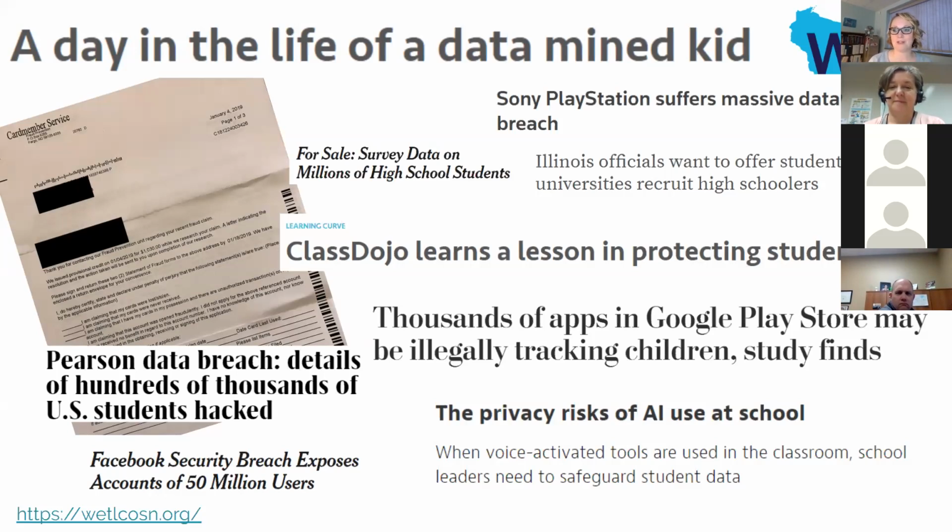Many of you have probably been impacted by one or several of these that have been brought to light. So if you're on the slides, you can click on any one of these headlines and it'll take you to the story behind that. The most recent one that we just added was the Pearson data breach from this fall. If you're a technology leader in Wisconsin, you've probably been a part of some communication regarding that.